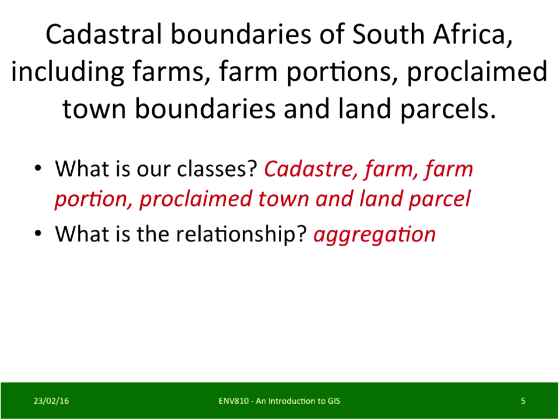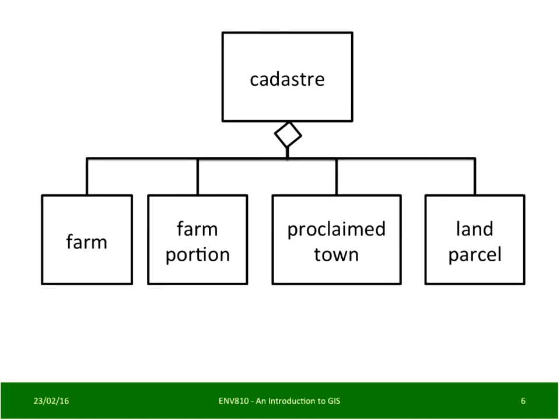So we get something like this. And I decided on an aggregation relationship. So your result would look like this. Your farms, farm portions, proclaimed towns, and land parcels all put together give you the cadastre of South Africa.